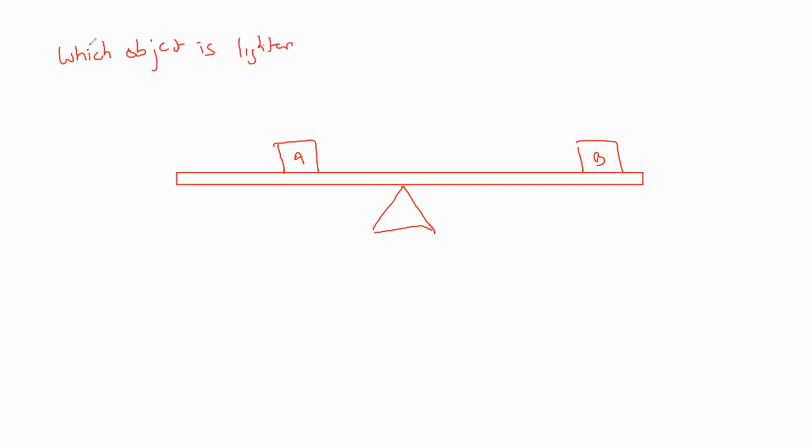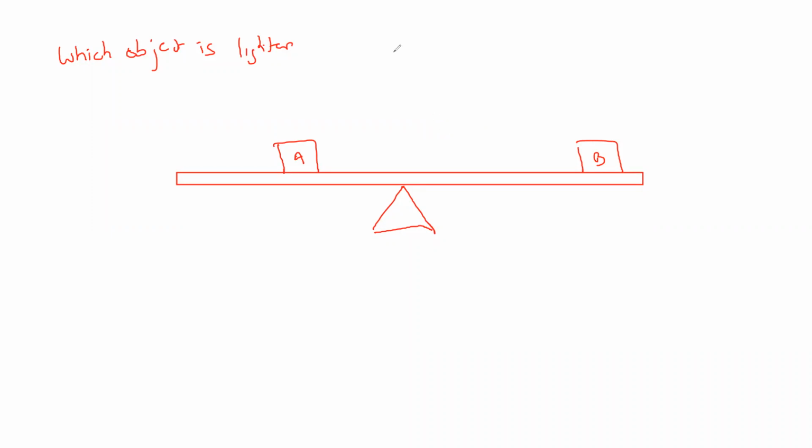Which object is lighter, A or B? And keep in mind the beam is balanced. Which object is lighter? The correct answer is B. B is the lighter object and A is the heavier object.